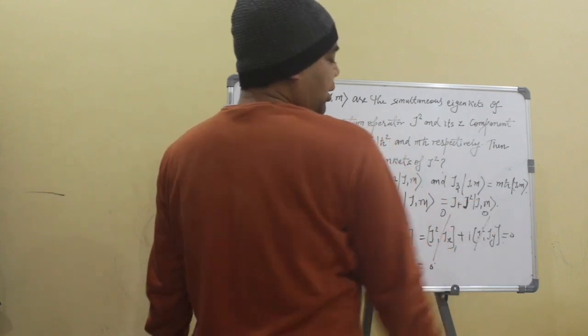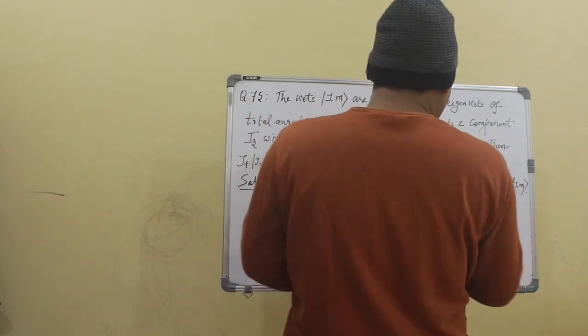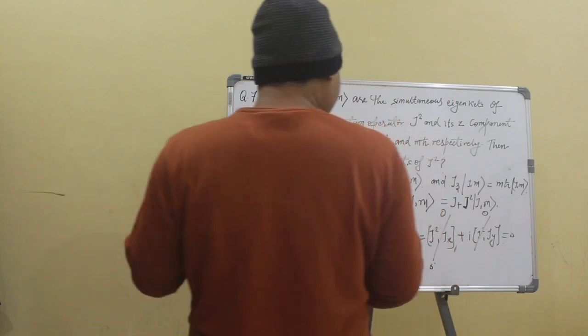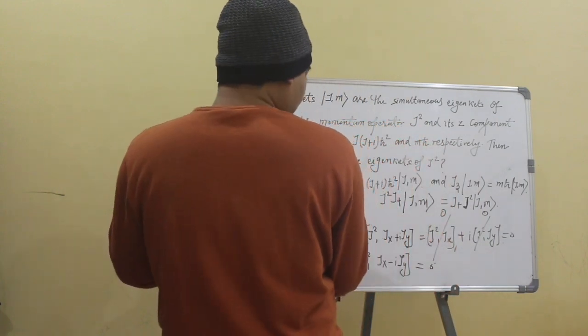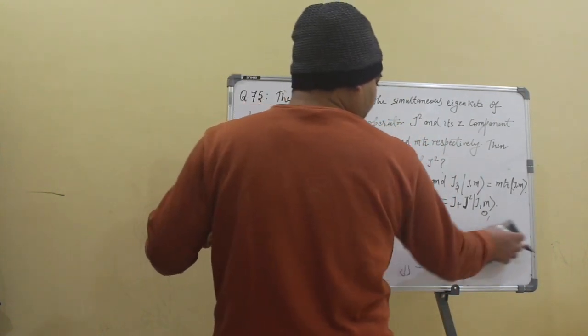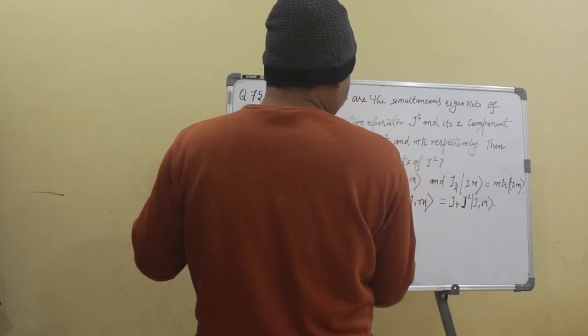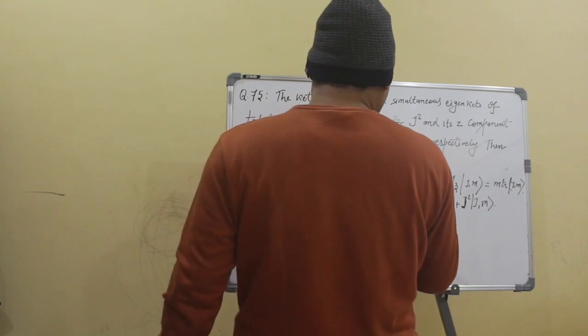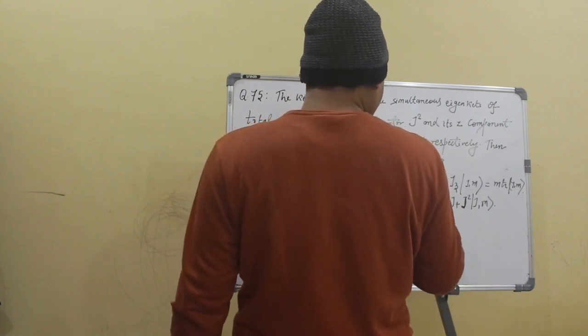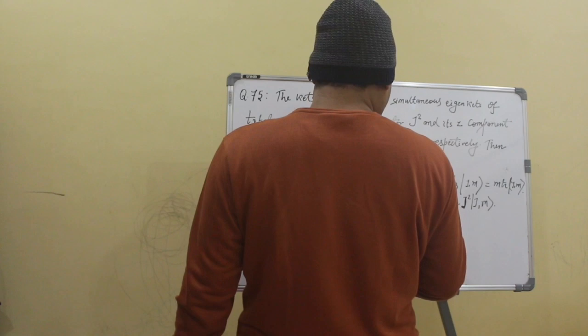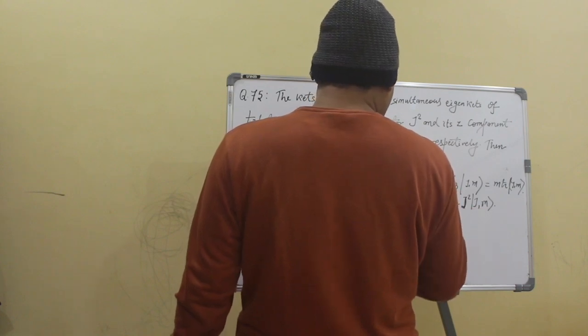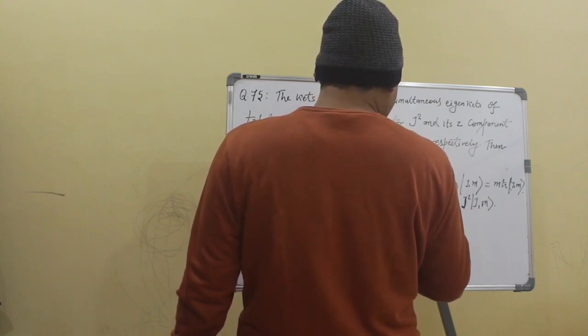But J square operating on |j, m> gives you nothing but j(j+1)ħ².